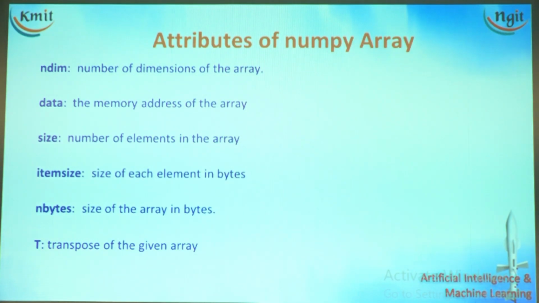Itemsize, size of each element in bytes. nbytes, size of the array in bytes, and then T, which gives you the transpose of an array. So these are all attributes. I leave it on you to work with. If you want, please make a note of it. Please try to use these attributes of a NumPy array on some examples and do it on your own. Okay? Any doubts so far, guys, on utilizing these attributes in NumPy? The difficult ones I gave you good examples.